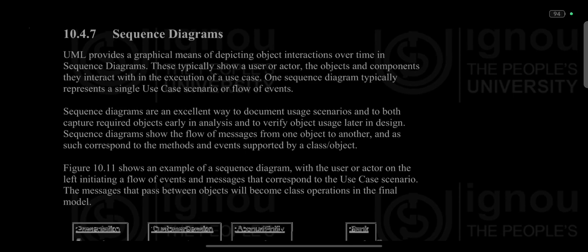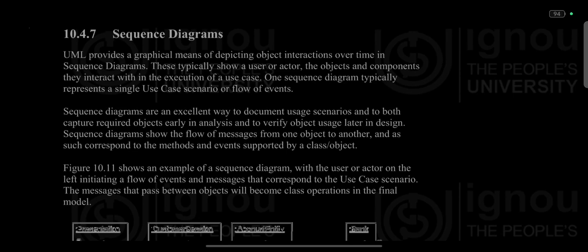Sequence diagrams show the flow of messages from one object to another and as such correspond to the methods supported by a class or object. Figure 10.11 shows an example of a sequence diagram with the user or actor on the left initiating a flow of events and messages that correspond to the use case scenario.